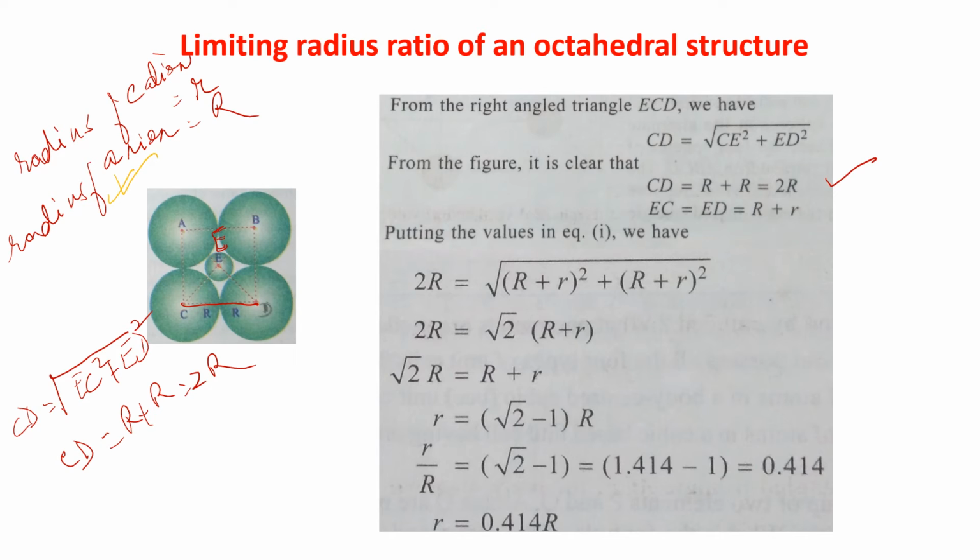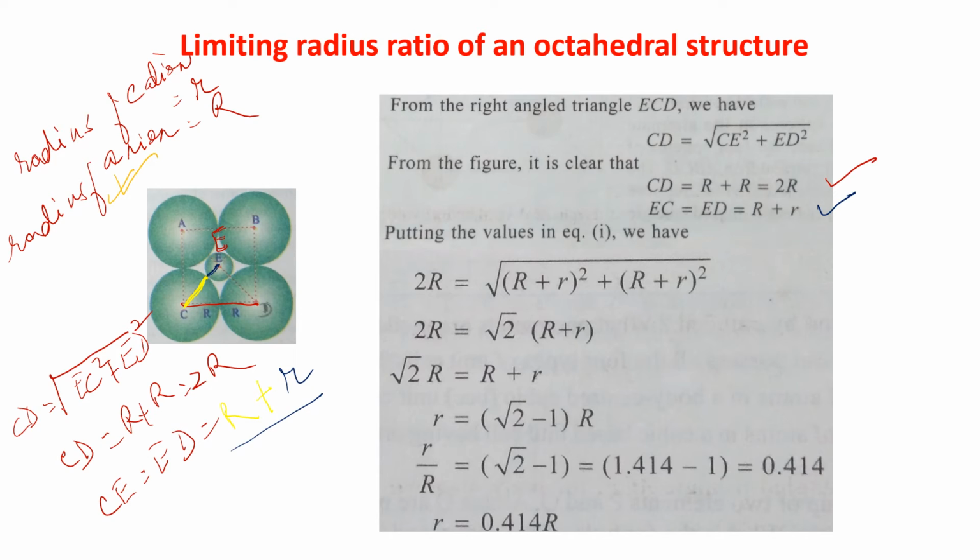And EC or ED, which is coming to, see, up to this much it is for anion, that is capital R, and after that up to this much is the radius for cation, that is small r. So it is coming R plus r.